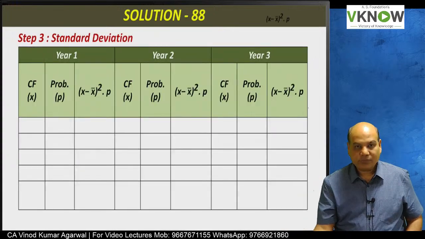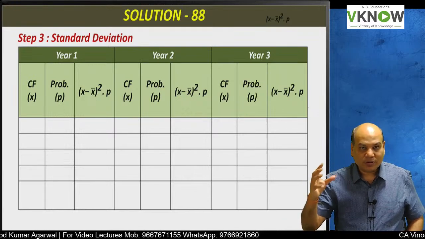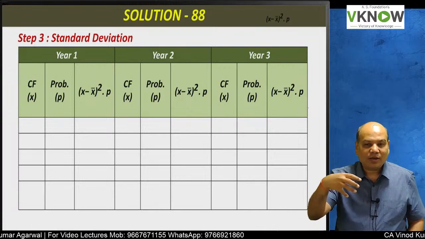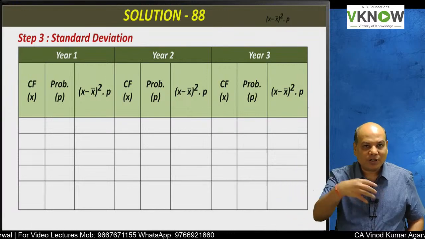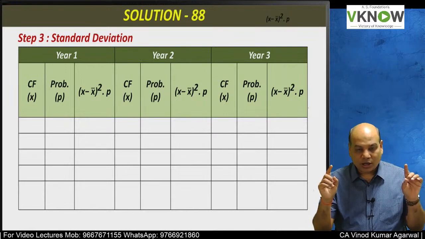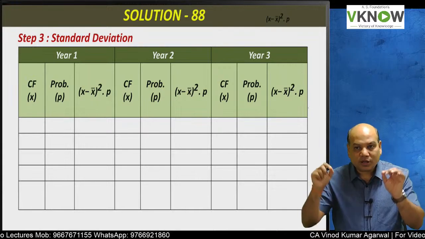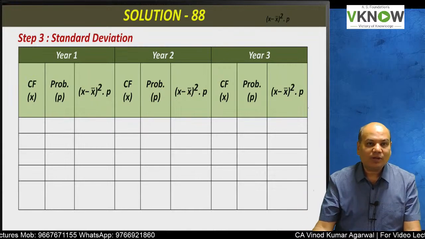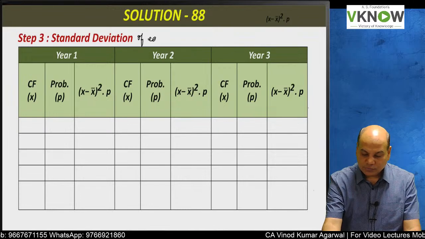For the second answer, we have to find the possible deviation of NPV. This question has given you 3 years and CFAT and probability, so I need to first compute the standard deviation of each year. Then I will apply the Hillier model.